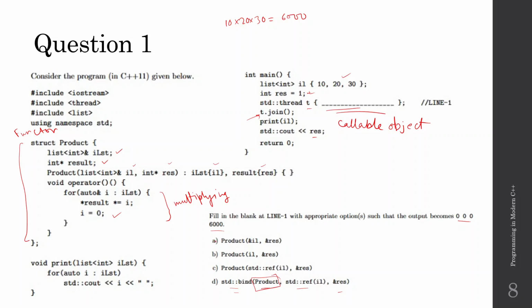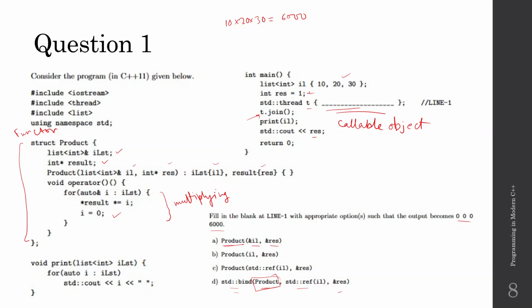But for the other three, if we look at the first one, we are calling the constructor of product with a, this ampersand will give a pointer. So we are calling the constructor of product with a pointer to the list and a pointer to the result.